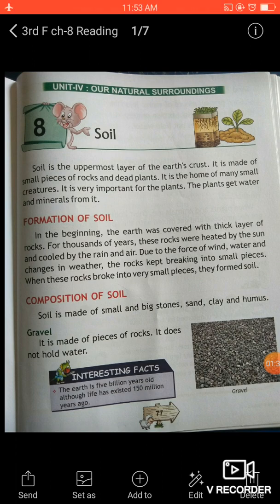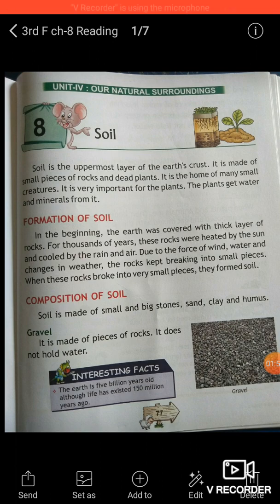Sunlight used to fall on them, and whenever it rained, rain and cold weather also affected them a lot due to the force of wind. When wind blows, that also forces the rocks.